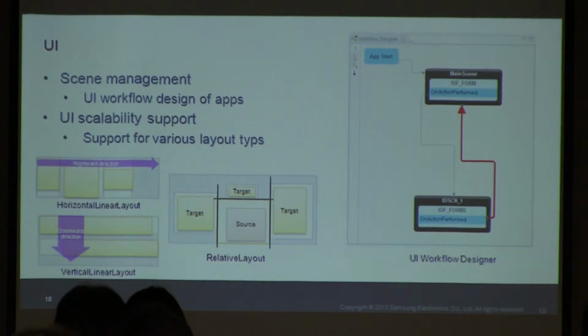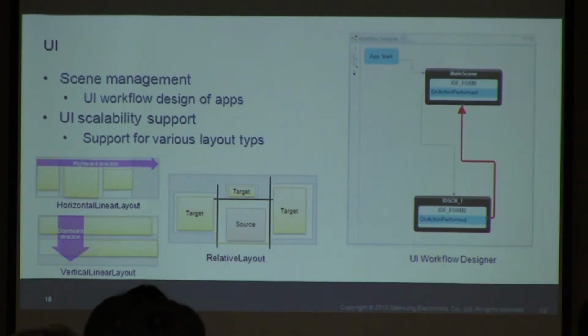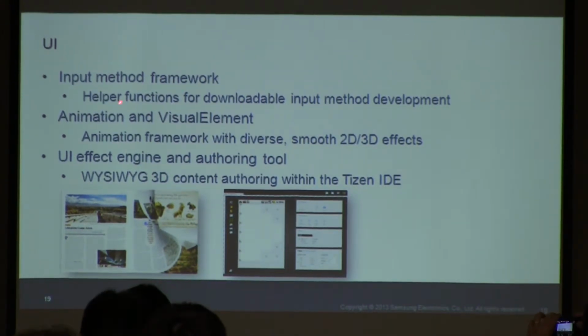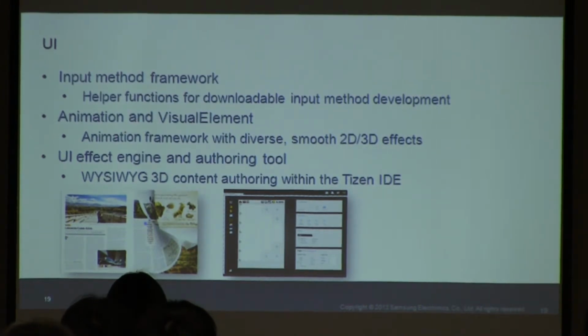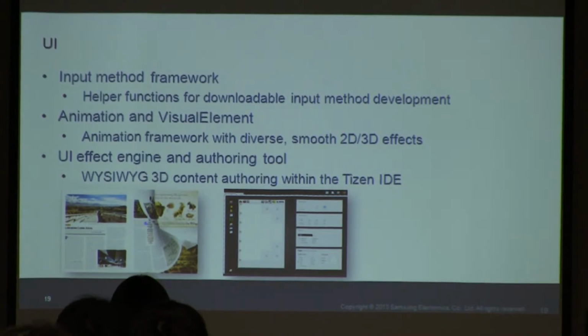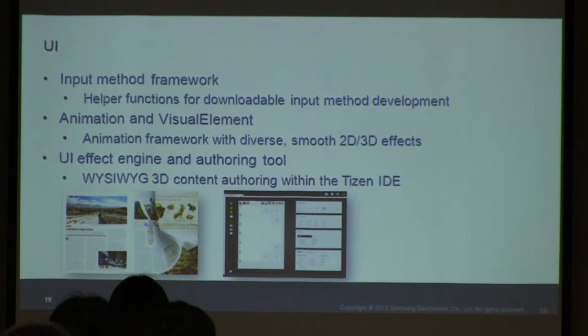And we provide UI scalability support like layout. You can create an input method like a virtual keypad, also animation functionality, or even visual elements. A visual element is a kind of custom UI element. You can put many 2D or 3D effects on it. And UI effects are supported. We even provide an authoring tool.